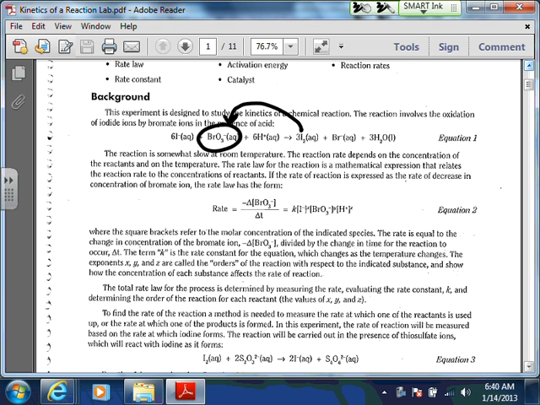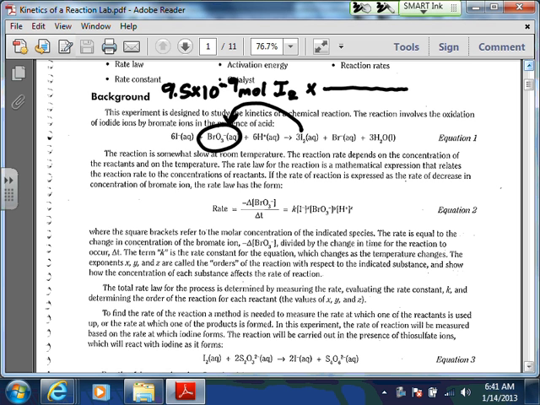But I need to know how much BrO3 minus I need in order to produce the amount of I2 that would make the color turn blue. And I just said 9.5 times 10 to the negative ninth moles of I2 is the amount of I2 that we need in order to get this reaction turning blue.